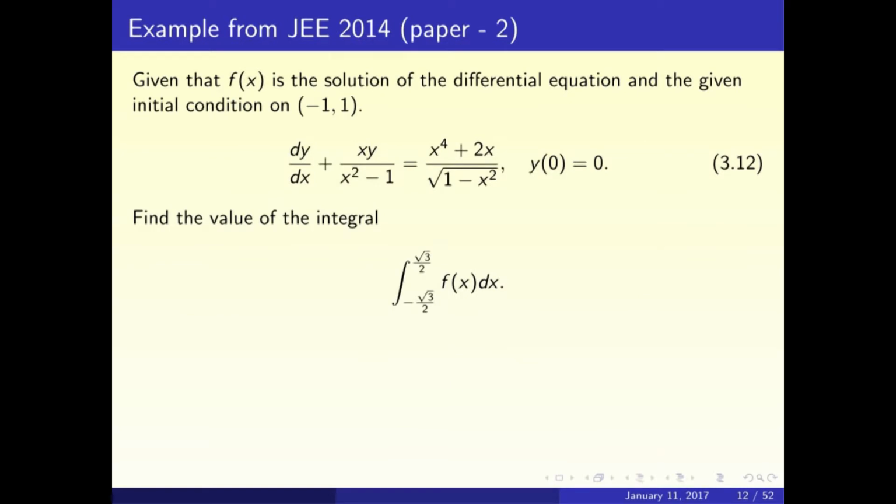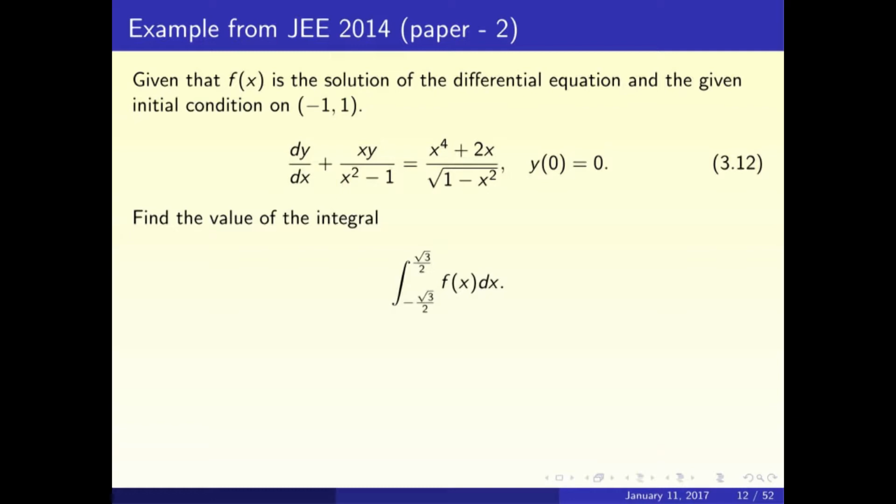Again, I had taken a JEE question which appeared in 2014 in paper 2. The differential equation is dy by dx plus xy by x squared minus 1 equals x to the power 4 plus 2x upon square root of 1 minus x squared, and initial conditions are given to you. Y of 0 is 0.